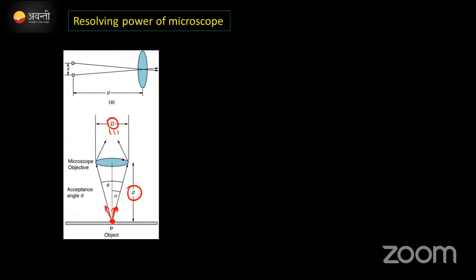When they are incident on the lens, they will become parallel. And if you move it downward and upward, we can easily resolve the closely lying particles and see them like this.